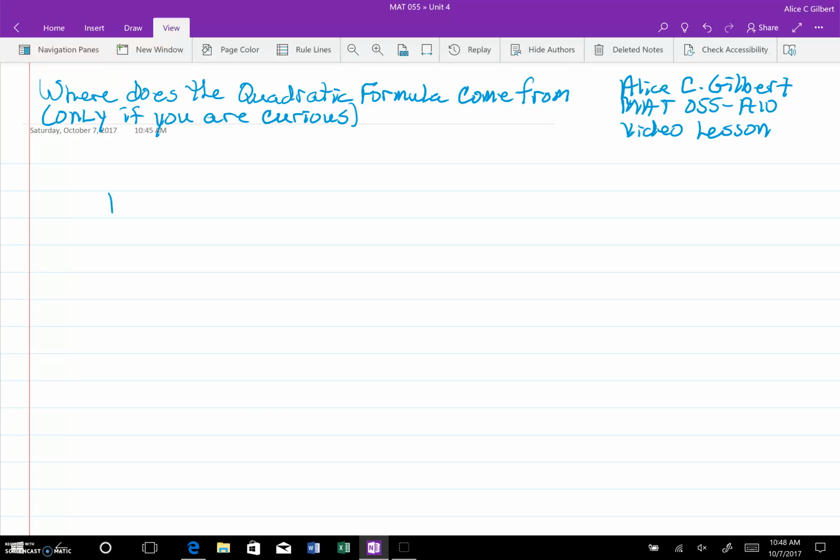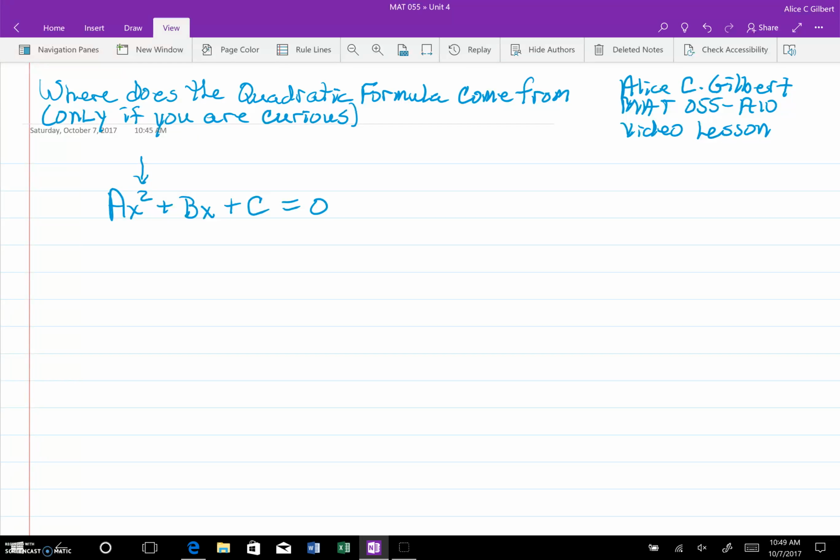So we're going to start with the standard form of a quadratic equation, ax squared plus bx plus c equals 0. Now, in our last section, we did completing the square, if you remember, and that's what we're going to do with this now. But we cannot complete the square unless the squared term has a 1 coefficient.